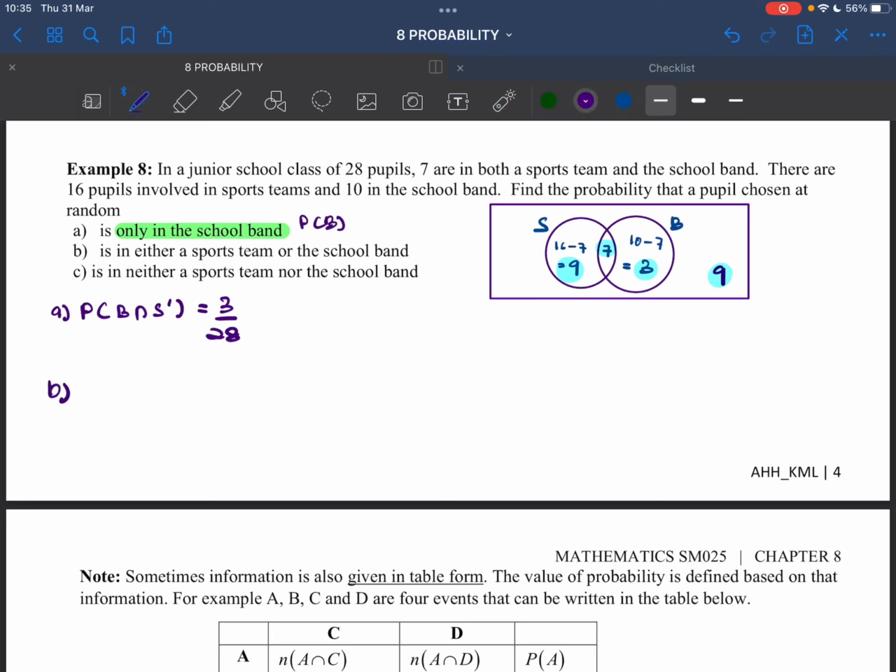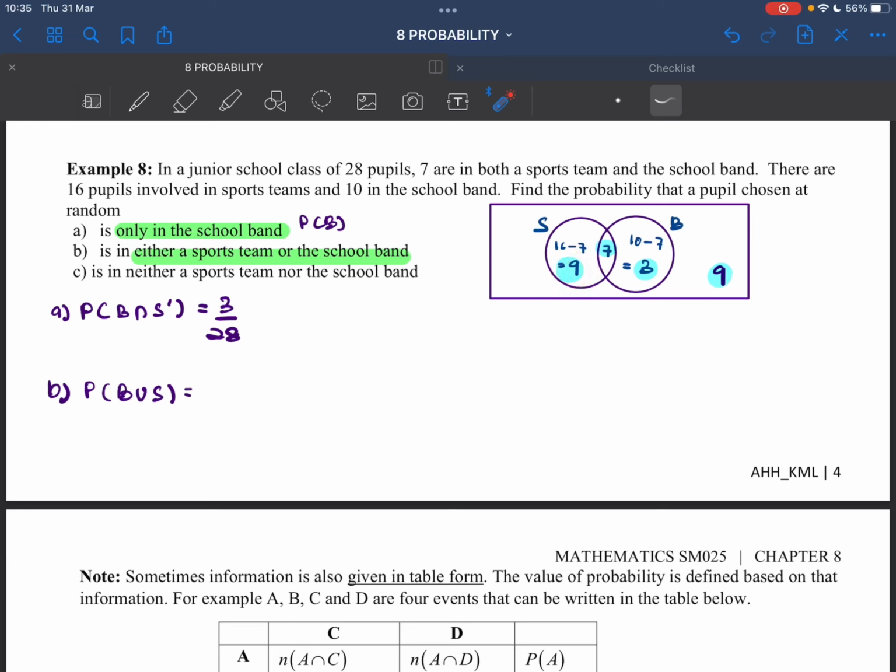Is either a sports team or the school band? Either or, so you know that your either or is P(A union B), or as you can say here, P(B union S). So if you look at your diagram, you know that you have to sum up 9 plus 7 plus 3.